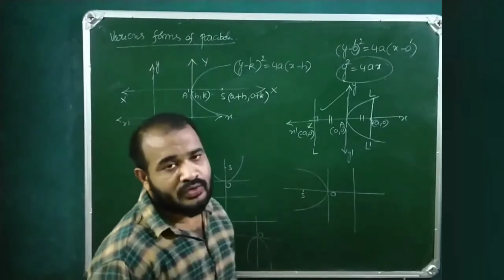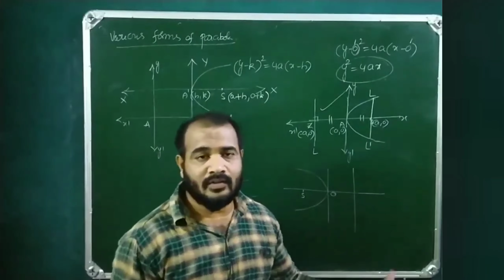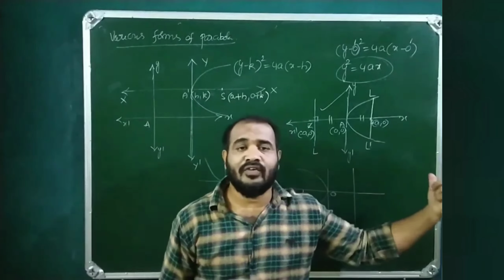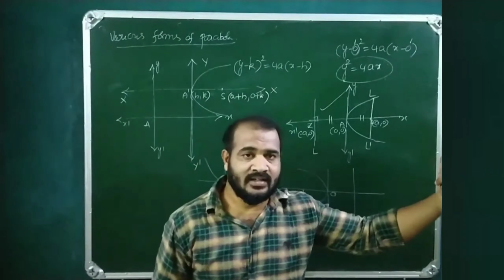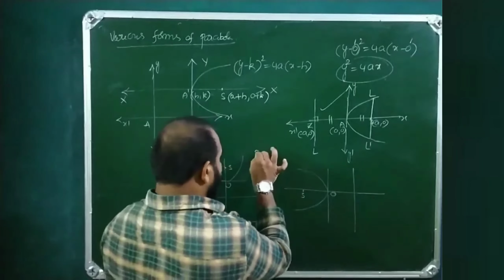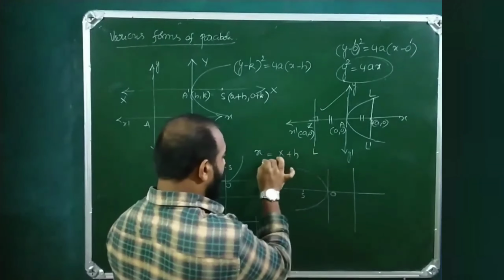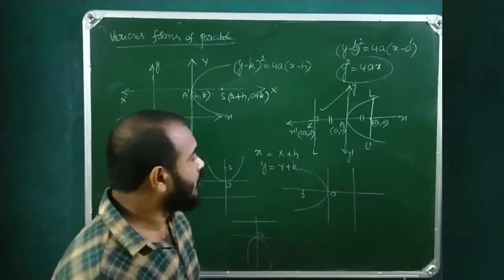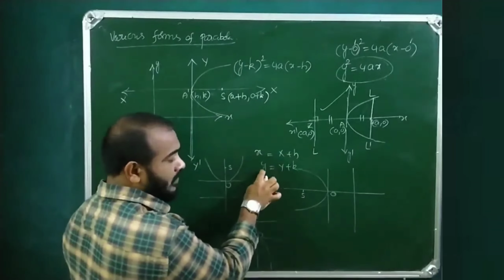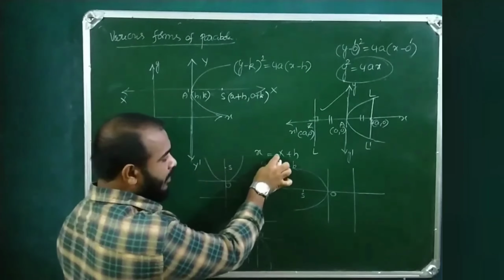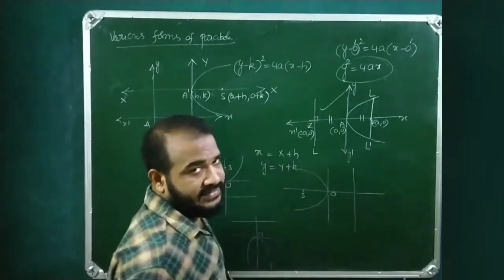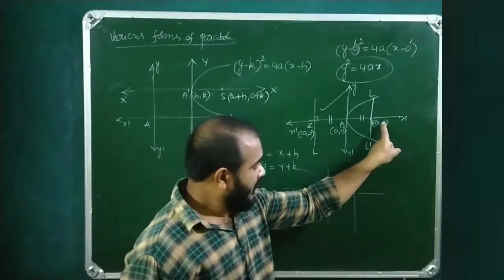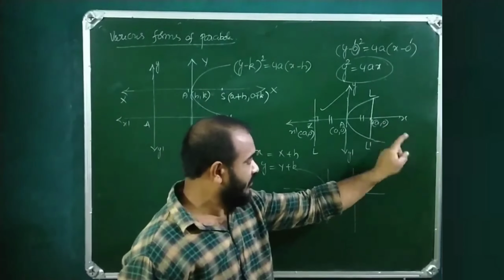Remember what we have discussed in the first year: small x equals capital X plus h, small y equals capital Y plus k, where x and y are the old coordinates and capital X, capital Y are the new coordinate axis. Likewise here, h comma k are to be added.